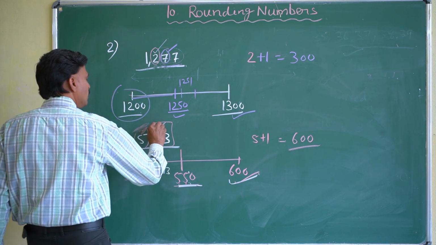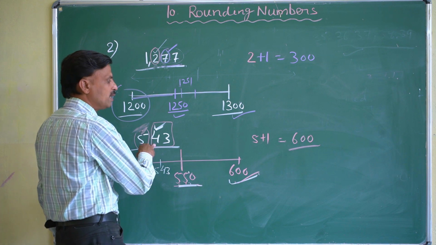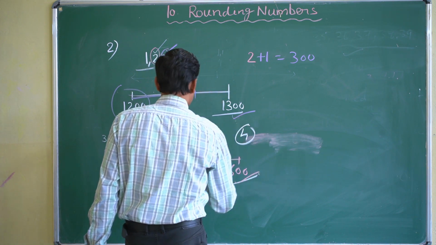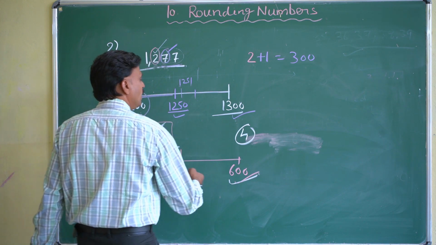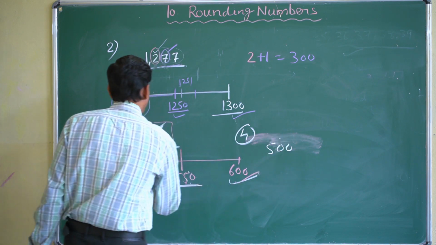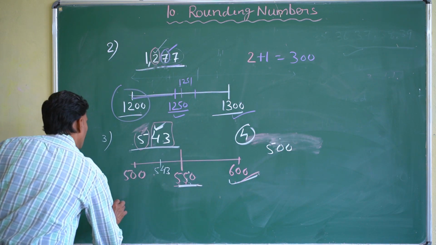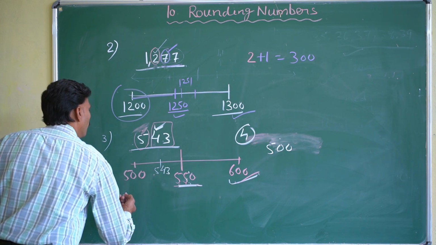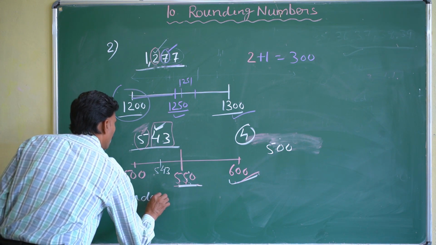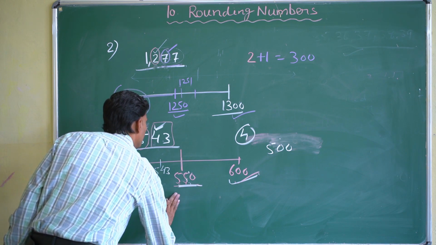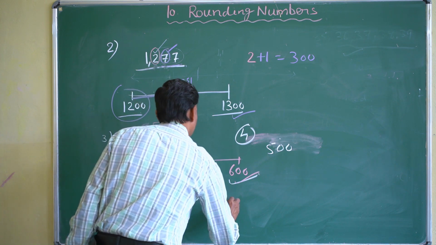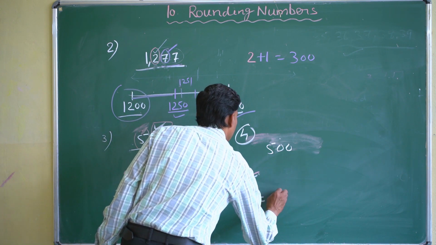Since the 10s place digit is 4, and it is less than 5, the 5 remains 5 and the other values will be 0. So what are the rounded values of 543? It will be 500.